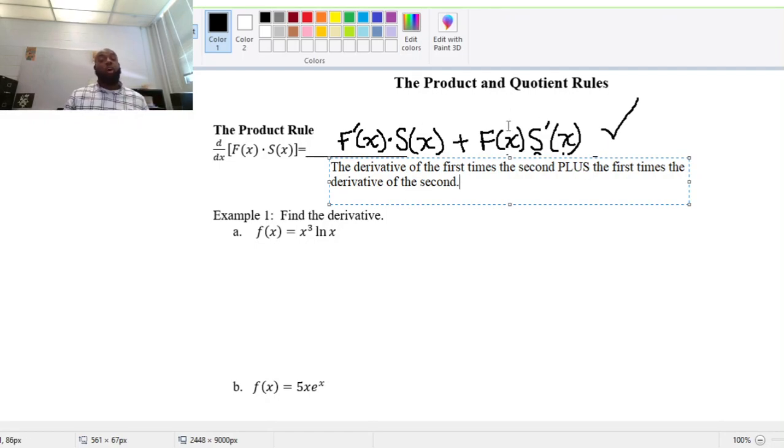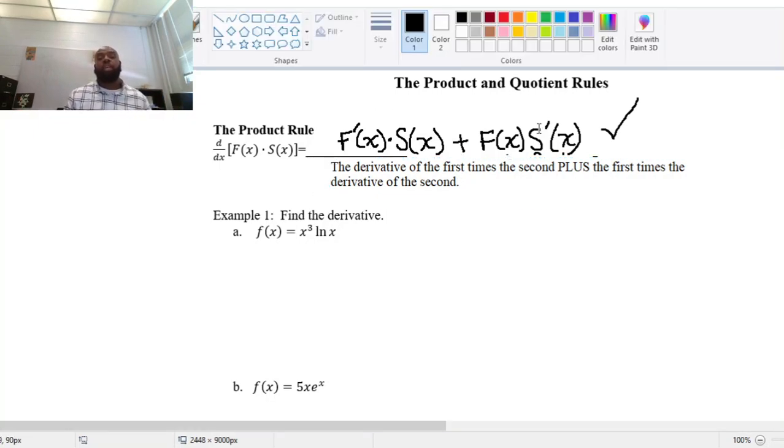Or you can say it the other way around: the first times the derivative of the second plus the second times the derivative of the first. When I learned it, this is how we said it, but this is what your textbook gives, and so that's fine. When you have a product, multiplication understood to be between two functions, you have to use this rule here.